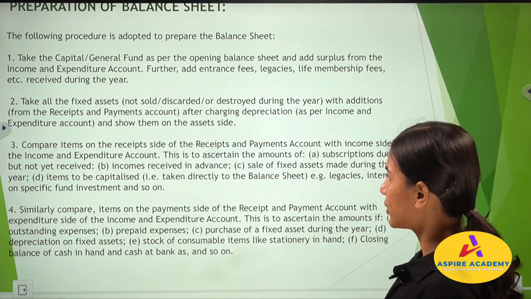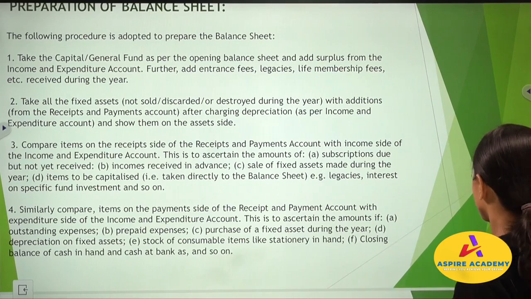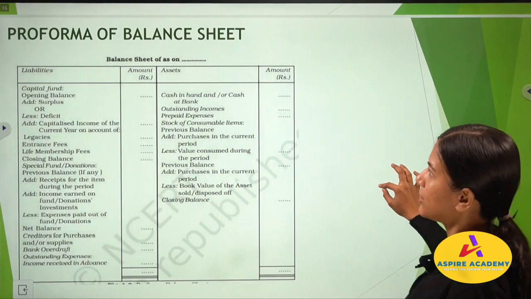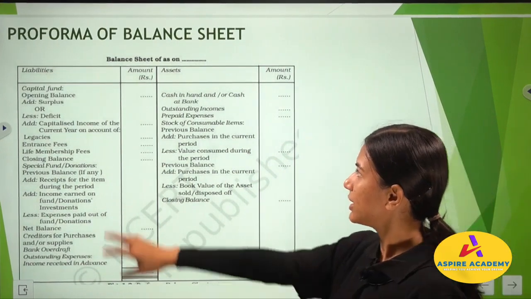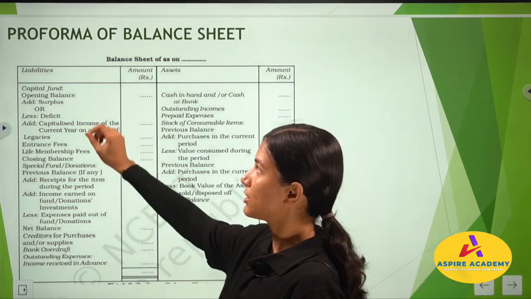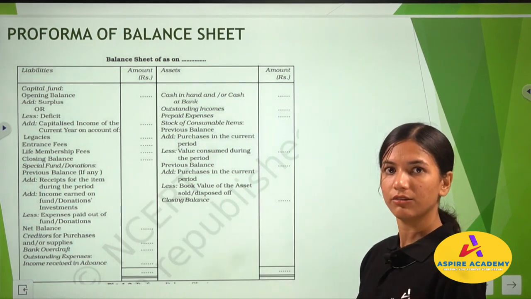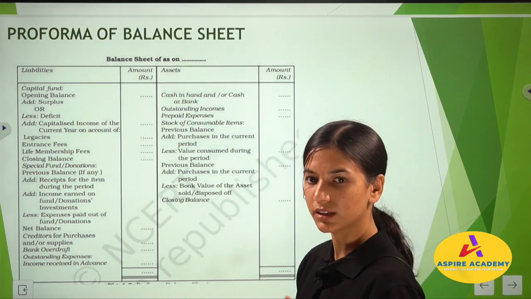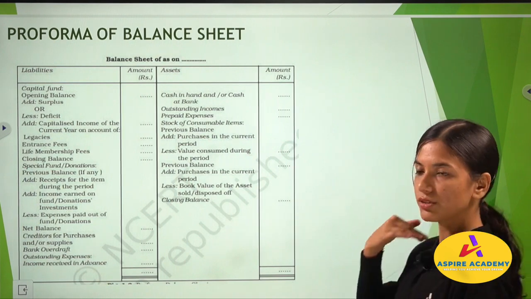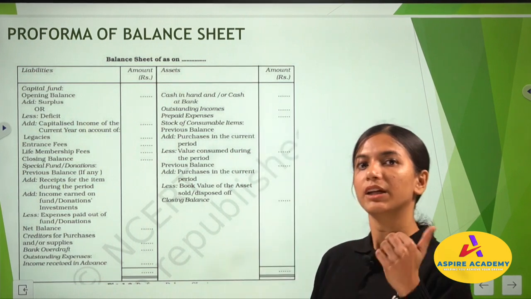Now this is the procedure that you would follow. What are the things that you are going to show in the balance sheet? This is the pro forma of the balance sheet. On the liabilities side you have first of all the capital fund, that is your opening balance that should be given in the question. If the capital fund is not given in the question, then the assets and liabilities will be mentioned in your additional information, and using that information you have to prepare the balance sheet for the beginning of the year.